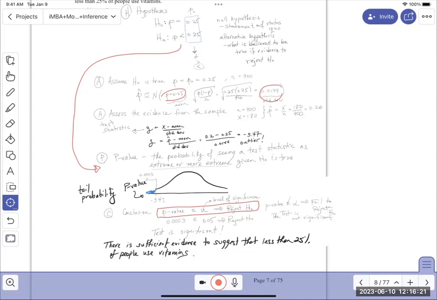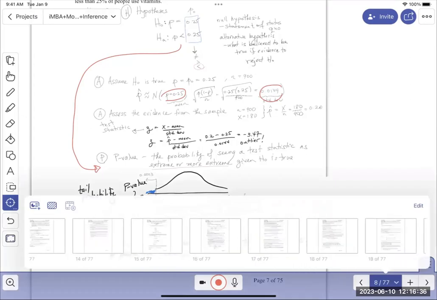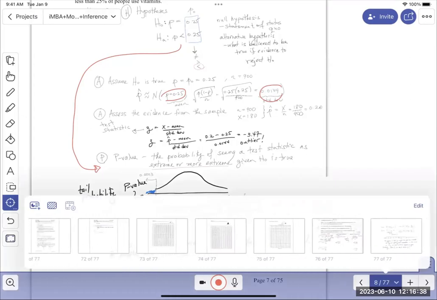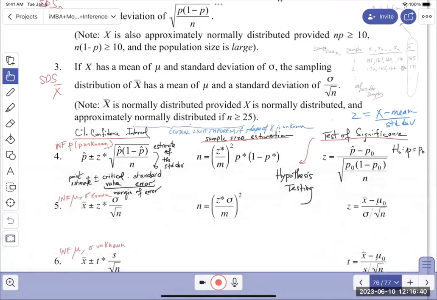So you need to go back and make sure you review the sampling distribution of a statistic, and that you practice the inference on a proportion. And next class, I'm going to answer your questions, and also we will look at 5 and 6, which will be very easy.